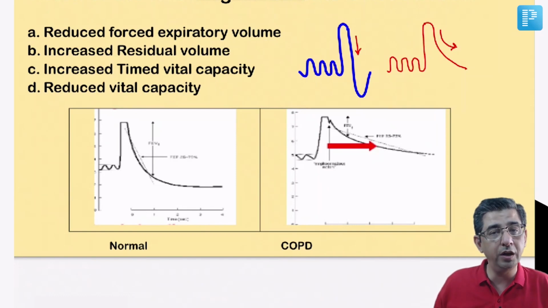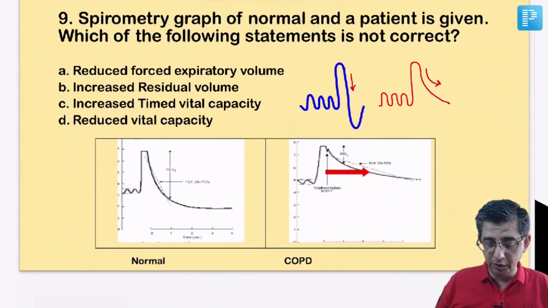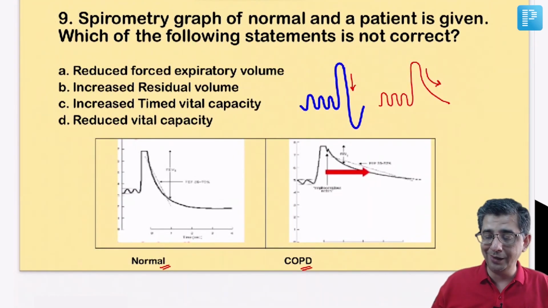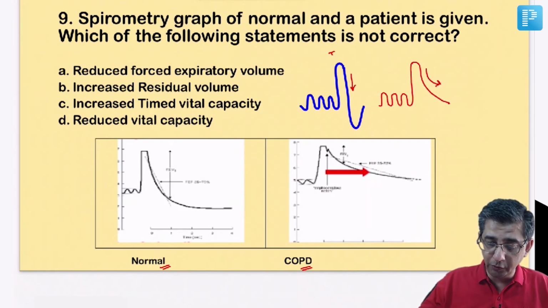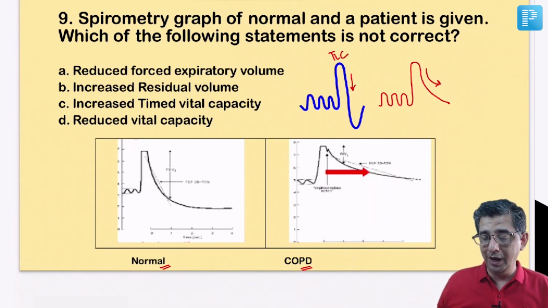Why? Because it's going to take relatively more time. I'm not sure whether they mentioned the word normal versus COPD in the exam, but the bottom line is, if you get a curve in which the expiratory time, right from the peak of total lung capacity, where you have told the patient to breathe out as hard as he can, is taking more time, that's an obstructive airway disease.